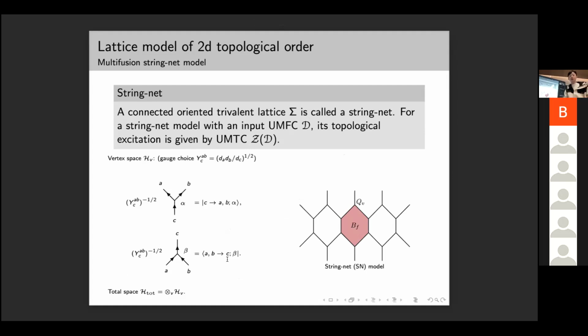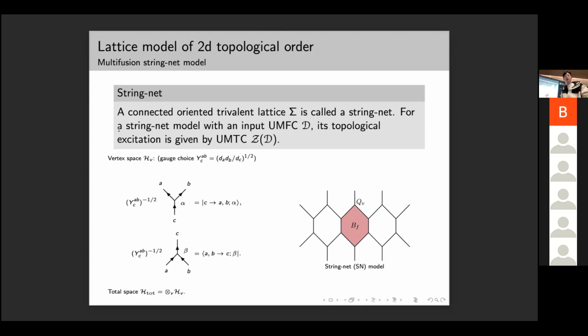So for the multifusion string model, we have to discuss this model. We first introduce the definition of the string. By the string, we mean a trivalent directed oriented lattice. This is called a string. And the input data is just the unitary multifusion category.